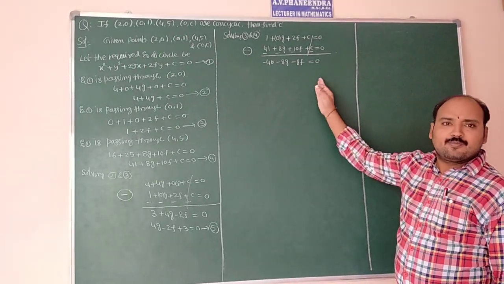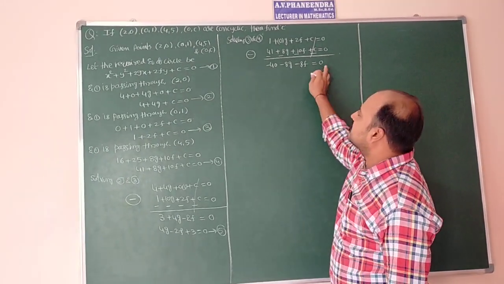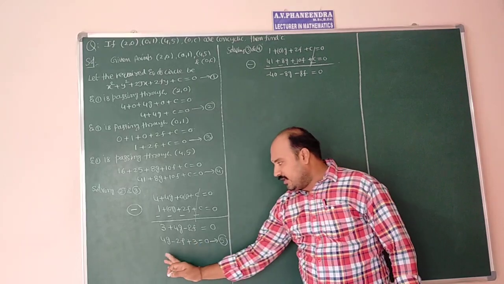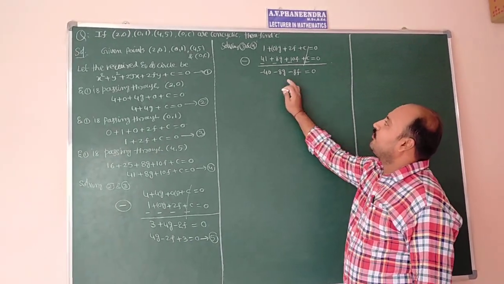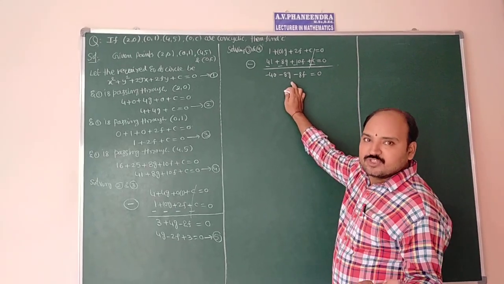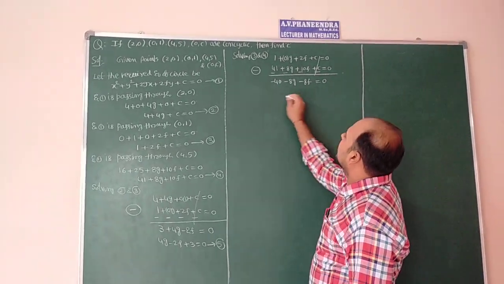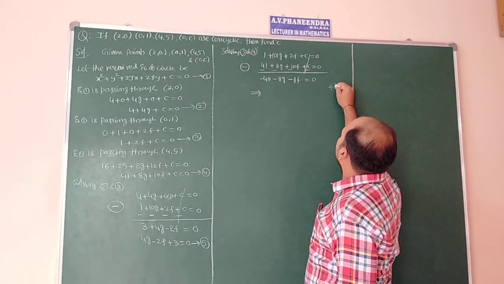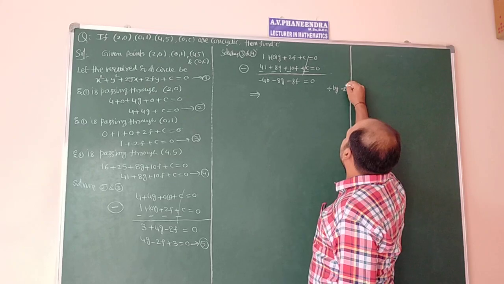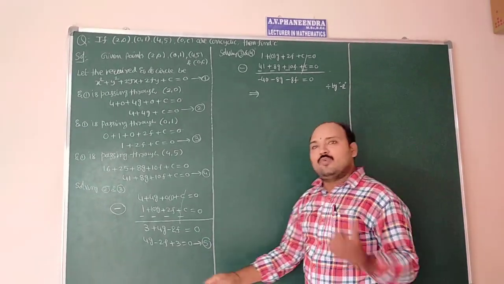All are multiples of minus 8. So dividing throughout the equation by minus 8. Otherwise, observe that here 4g minus 2f is there. So here also you want to get in terms of 4g, easy for cancellation. So dividing this equation by minus 2. Why are we dividing by minus 2 only? Particularly according to equation 5, we are doing like this.